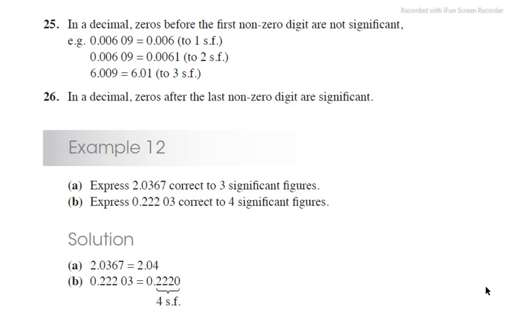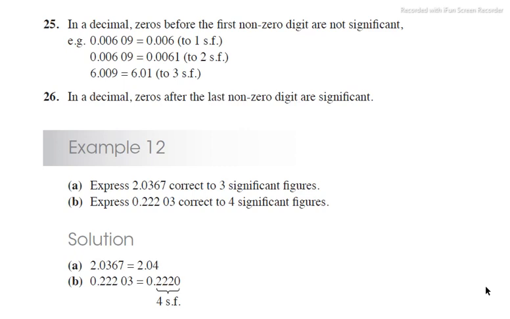In part B, we are supposed to express 0.2203 to 4 significant figures. That means that we shall round off the 3 to the nearest tens, thus giving us 0.2220.